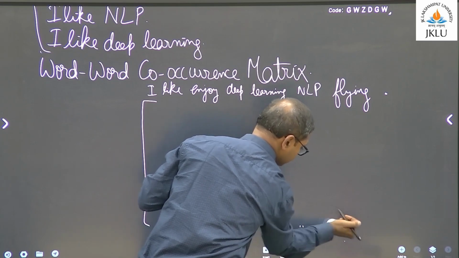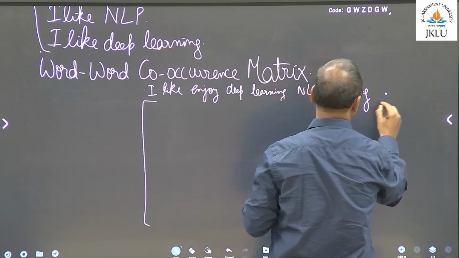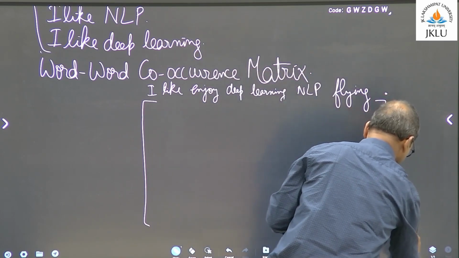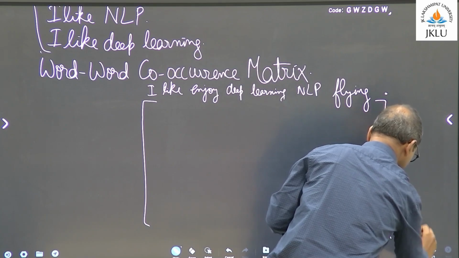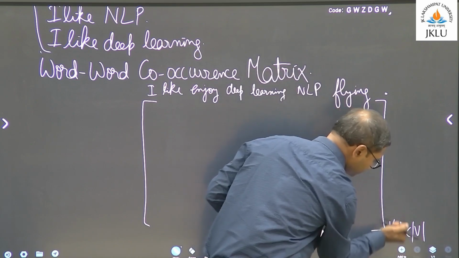The right way would have been to do it alphabetically. So this is |V| cross |V|.